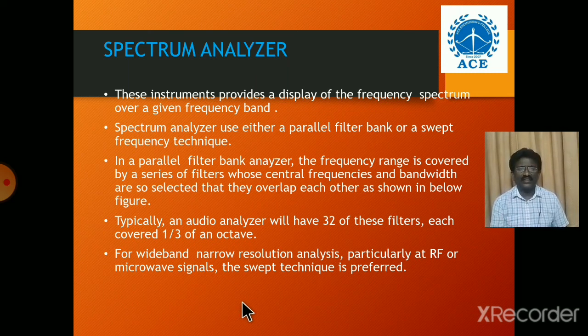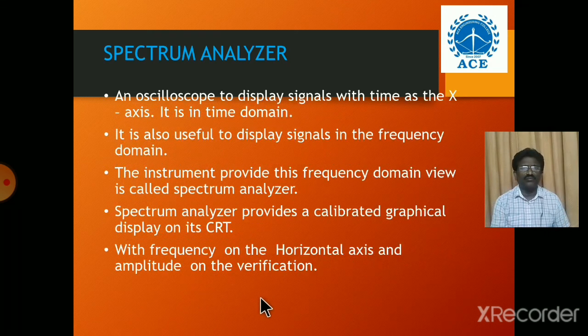So actually here, an oscilloscope displays signals with time as the x-axis, that is, in the time domain. It is also useful to display signals in the frequency domain. The instrument that provides this frequency domain display is called the spectrum analyzer.